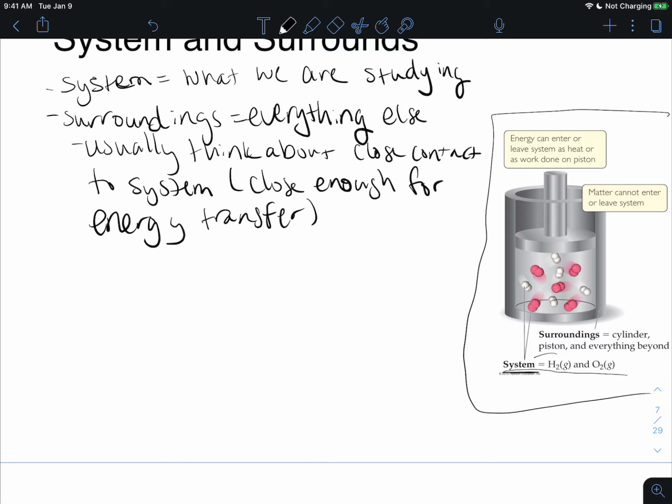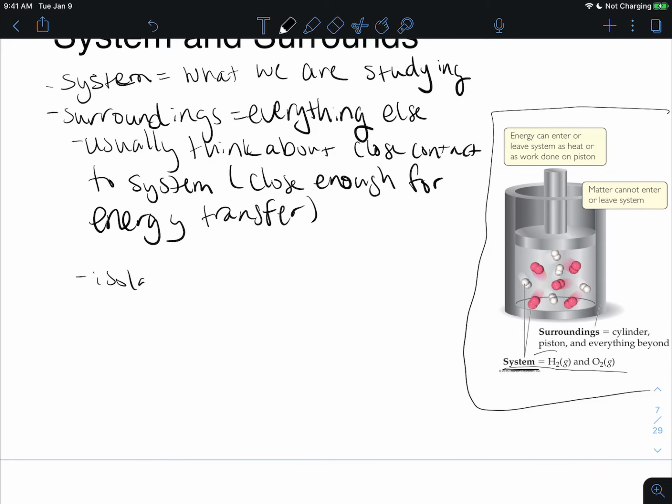So in this case, energy can enter or leave the system as heat or work, but matter is not able to leave. Okay, so this is close to an isolated system, but not exactly. So an isolated system is one where neither matter nor energy can escape the boundaries of the system.